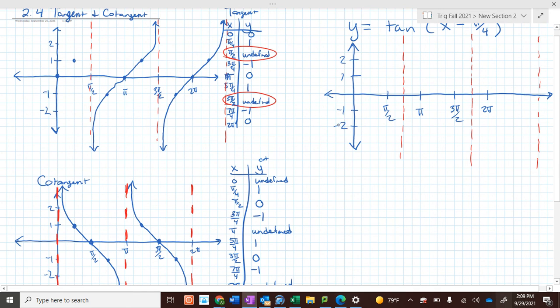So, the tangent curve had a point at -1 and then 0 and then 1. So halfway in between these asymptotes, I better be at a 0. And then I went 2 to the left and 2 down. And since I'm not changing my period, everything's the same. So 2 to the left, 2 down from that point, 2 to the left, 2 up. There's my positive slope.